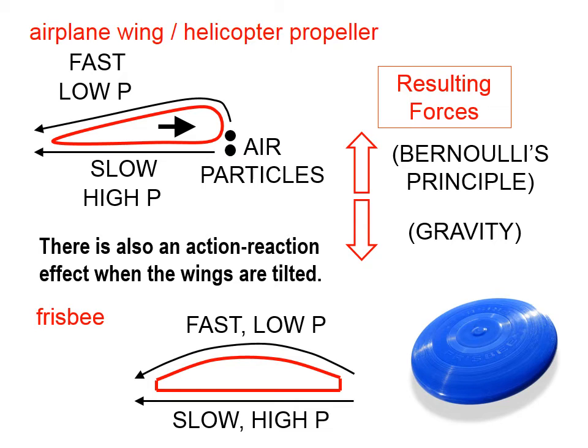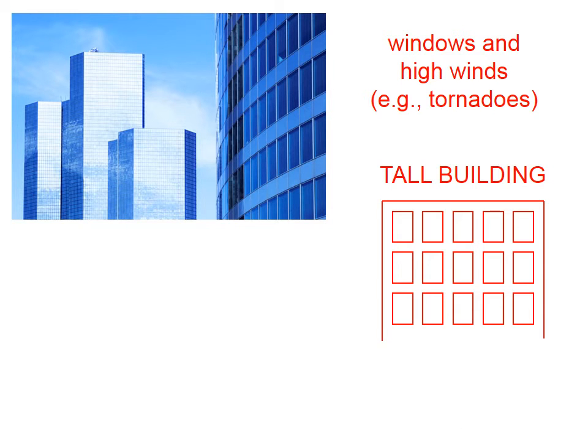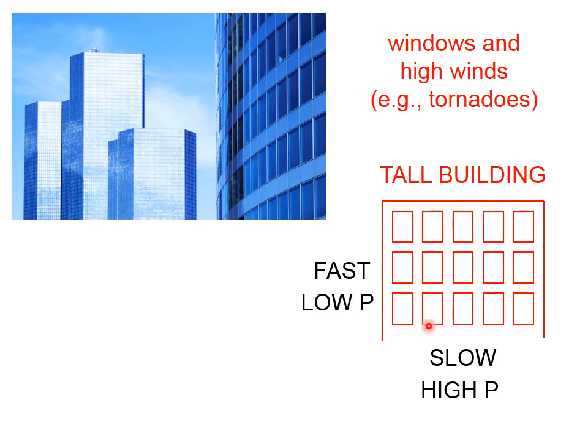What about windows and high winds, like in tornadoes? When there's a high wind, the air velocity outside the building is very high. The air velocity inside the building is comparatively less.